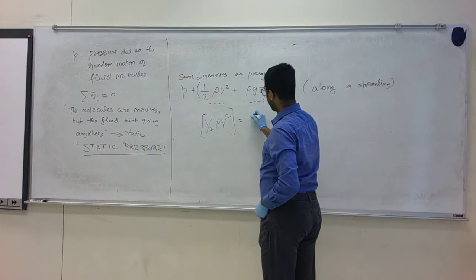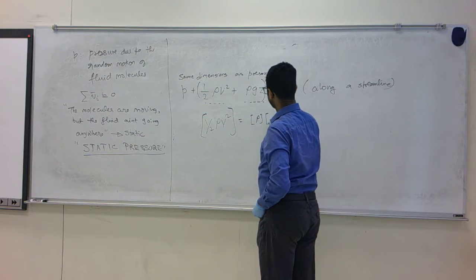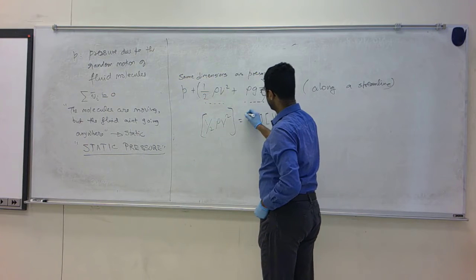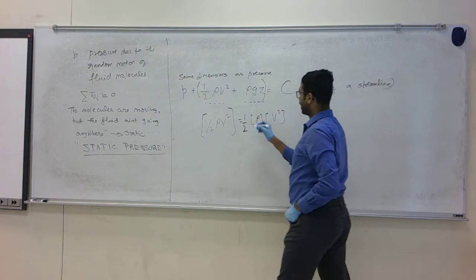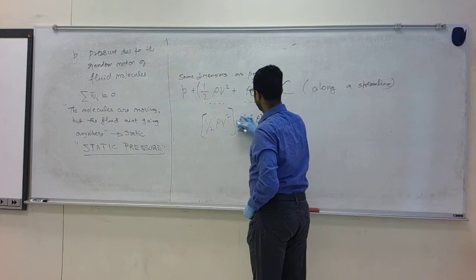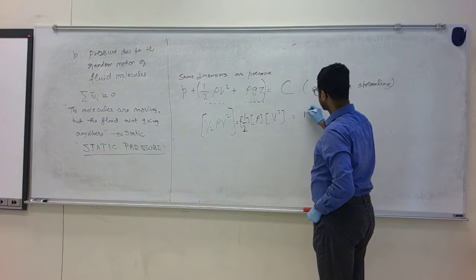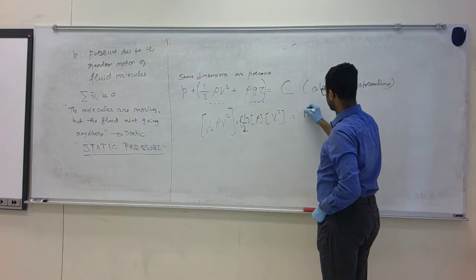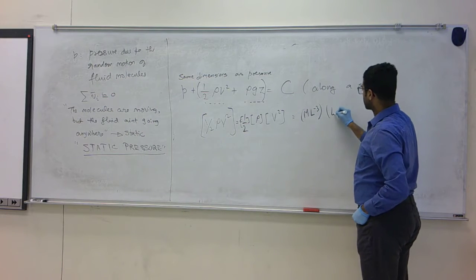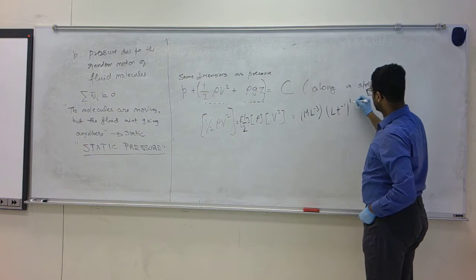That is the dimension of density times the dimension of velocity squared multiplied by half, which is simply a pure number. So you have mass times length to the minus 3, and then velocity is L T to the minus 1, the whole squared.